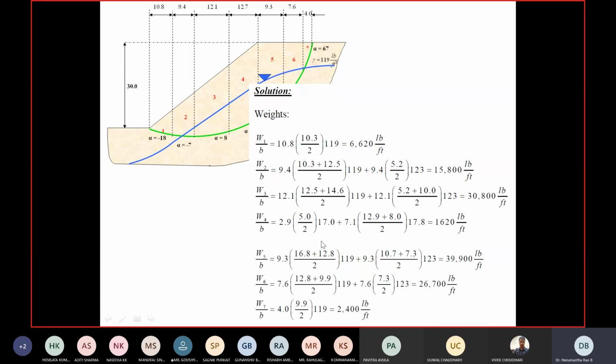W5 is correct. W6 is correct. W7 is correct. W4, I think there is some printing mistake. Please correct it. This is 12.7, not 2.9.